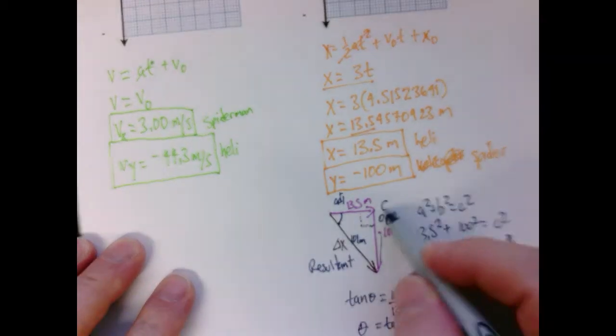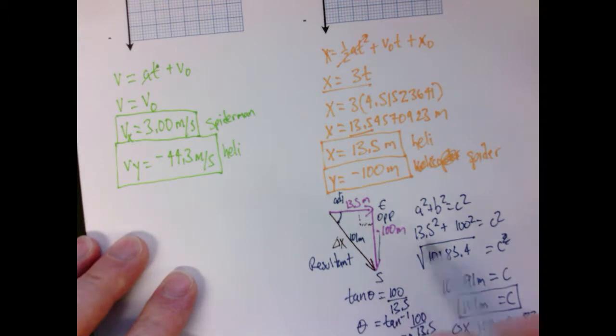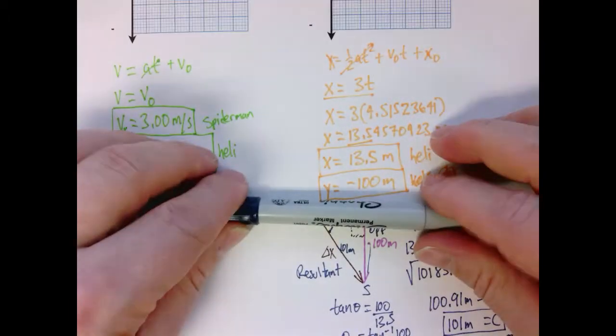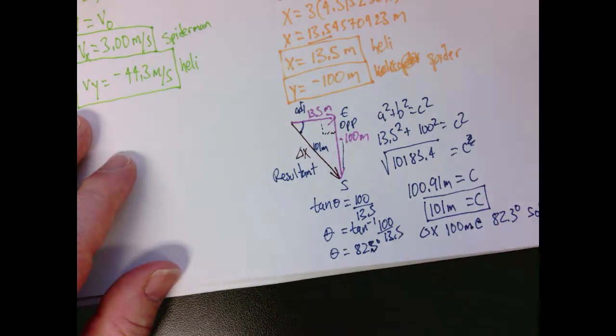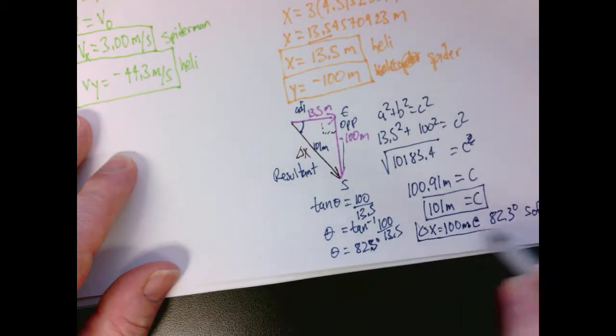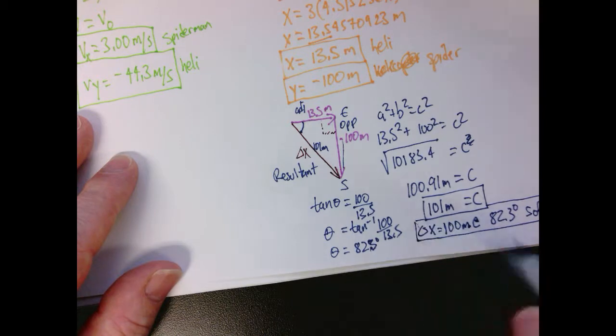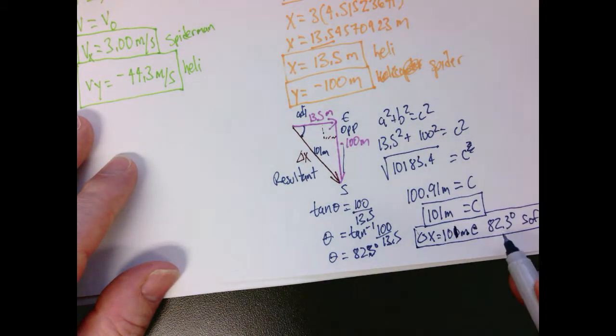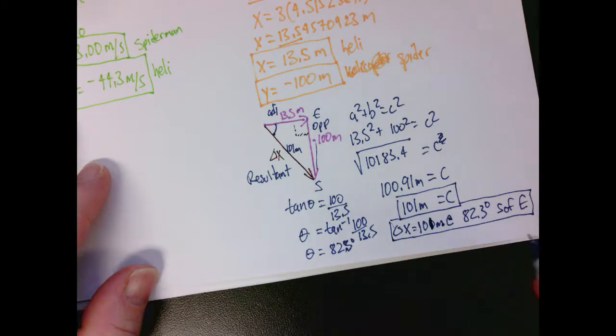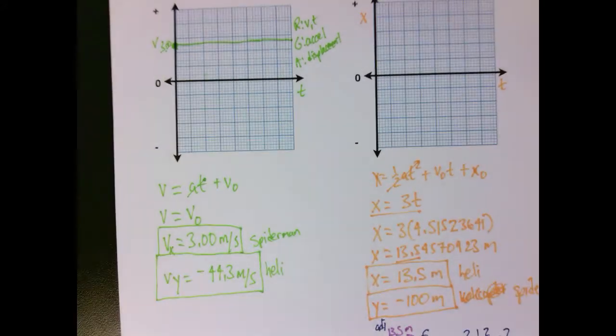This direction being east, this direction being south, and we'd swing the angle this way, so we're going south from east. Delta x, the displacement, is a vector, so it needs a magnitude, 101, and a direction, 82.3 degrees south of east. So that's its actual displacement.